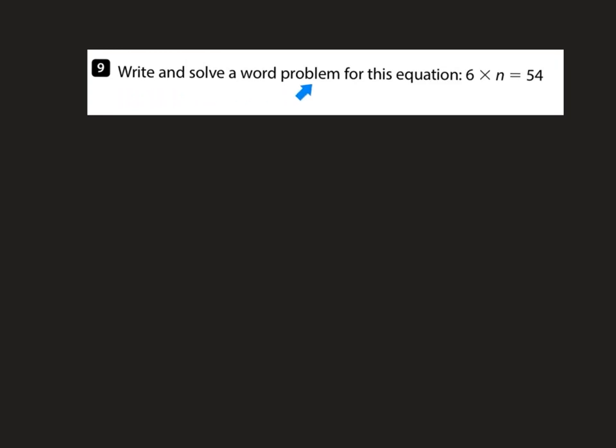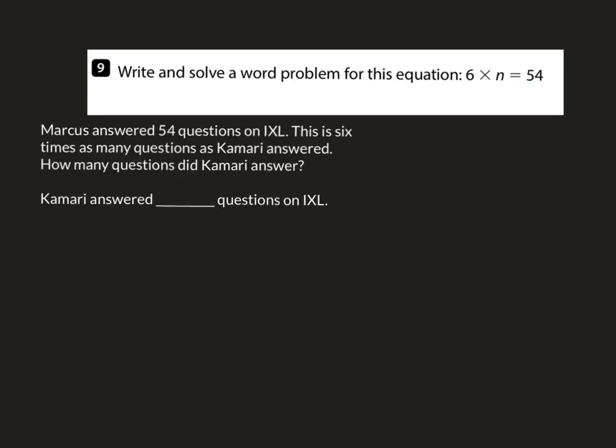Write and solve a word problem for this equation: 6 times n equals 54. Marcus answered 54 questions on IXL. This is 6 times as many questions as Kamari answered. How many questions did Kamari answer? All right, so let's set it up.